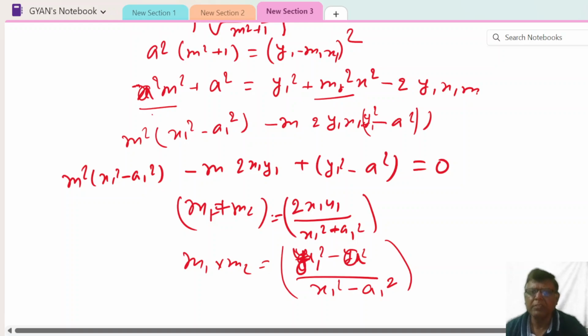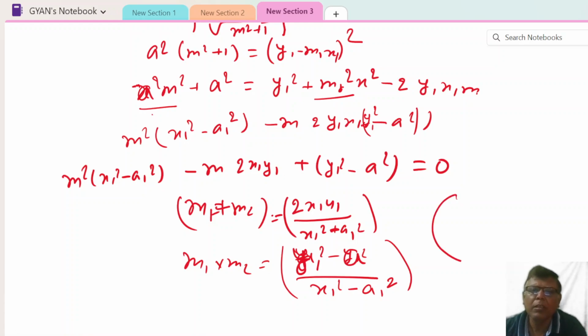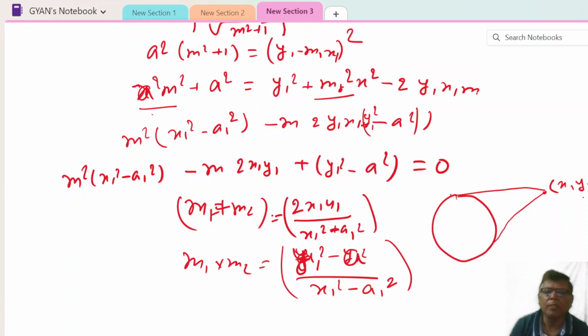So what does it mean? Suppose one circle is there, and from the outside point x1 y1, two tangents are there. The tangent slopes are m1 and m2.